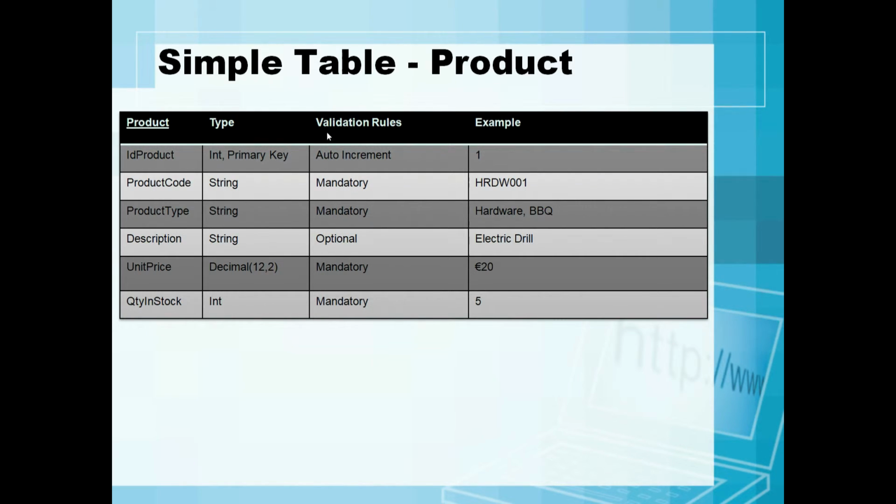The rules around this are mandatory for those two, mandatory for unit price and quantity in stock. You can see here I've also added the type, which is an int, a string, another string, and unit price is decimal, and our quantity in stock is int. So we'll take this table and we'll create a model in our code using Visual Studio Code.